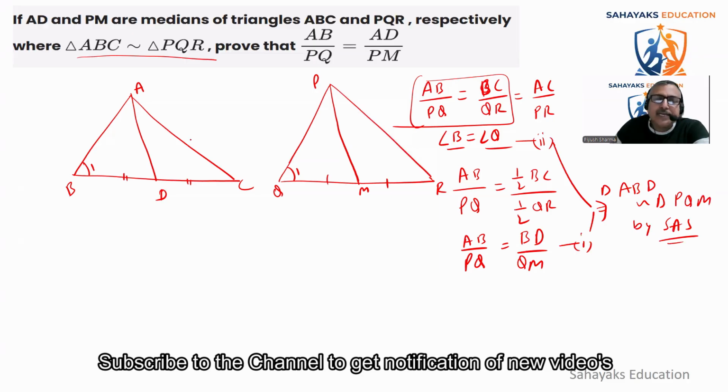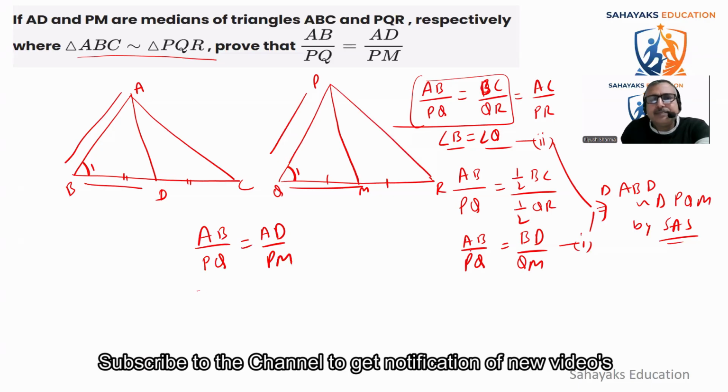Why SAS similarity? Because this side is proportionate to this side, and the angle between these two sides is same. So when these two triangles have become similar, we can directly say that AB by PQ is equal to AD by PM. Hence, proved.